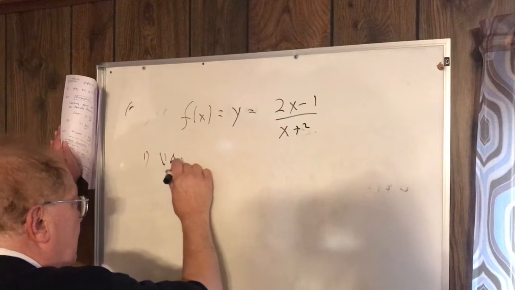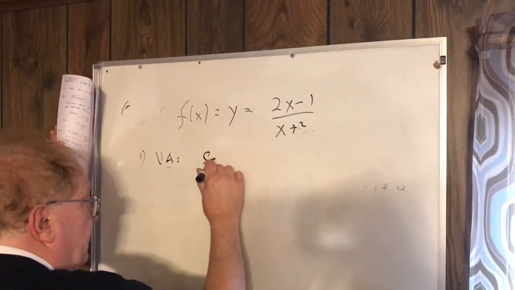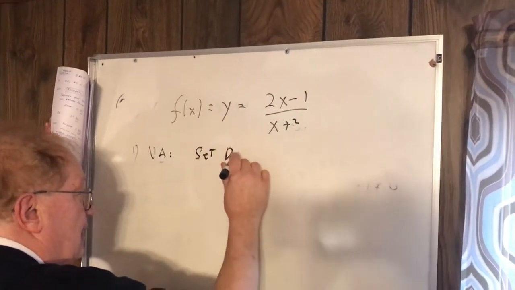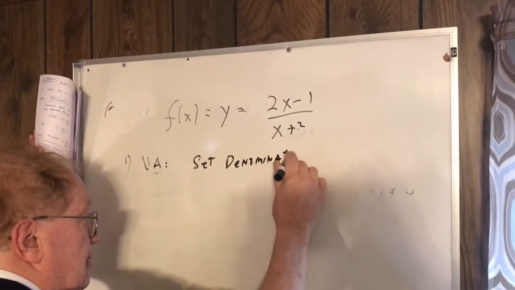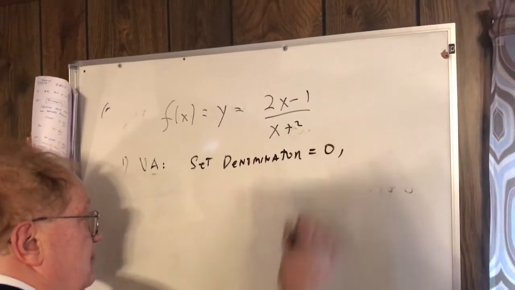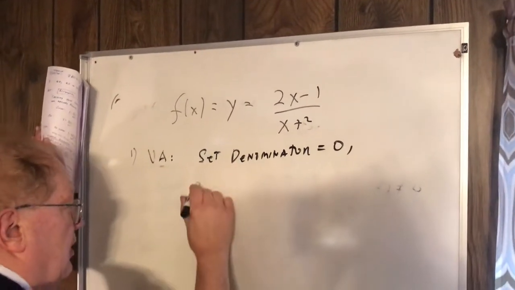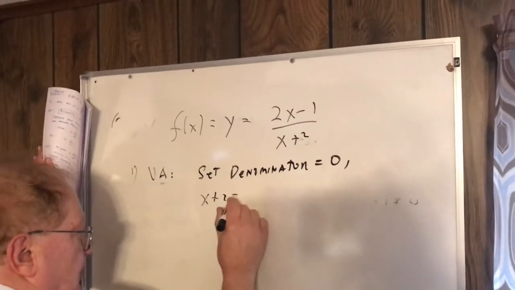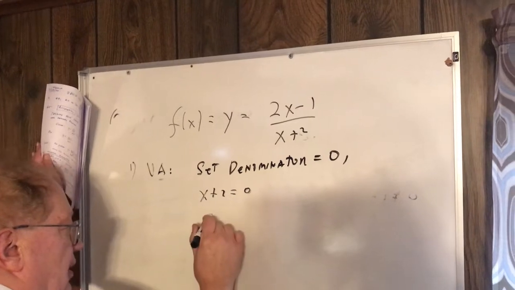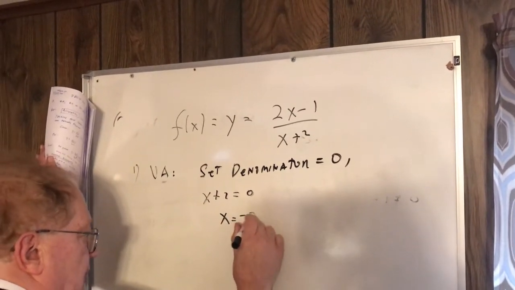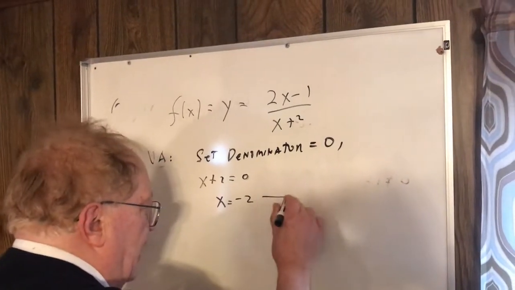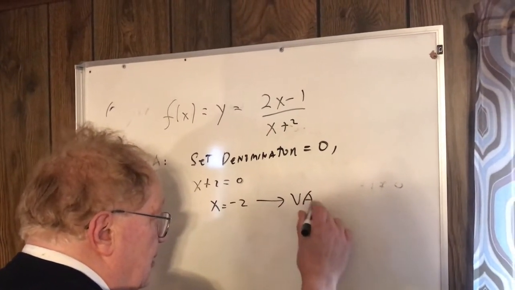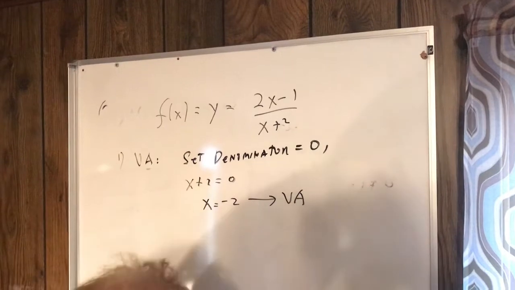The VA, where we find that is to set the denominator equal to 0, and we're going to solve for x. So x plus 2 equals 0. So x is going to equal minus 2. So this is our vertical asymptote. And we'll see what that means when we draw the graph.